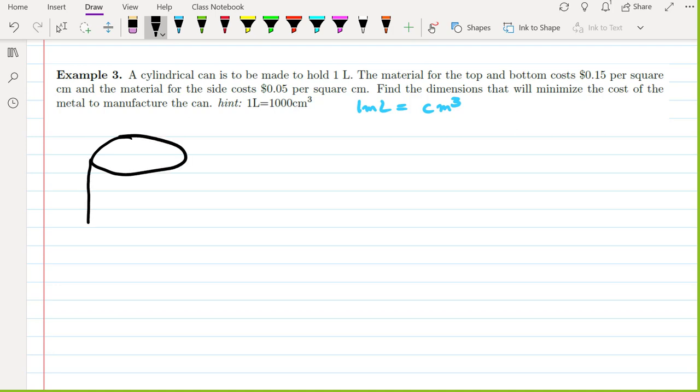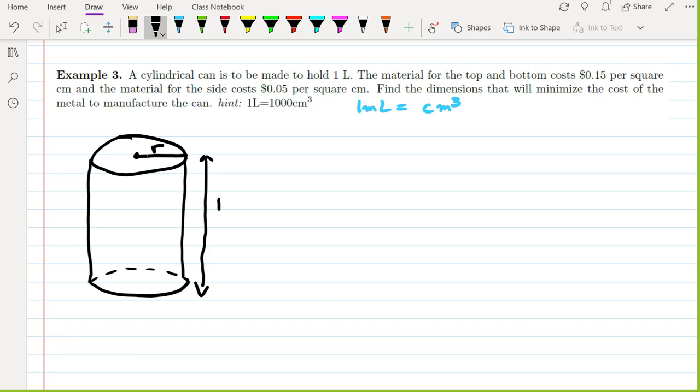So there's the top of our can, and we have something that looks like this. And let's label it. So we have a circle on the top and the bottom, and we don't know what they are, so we're going to have a radius of r. And then we have a height of our can, which gives us this.